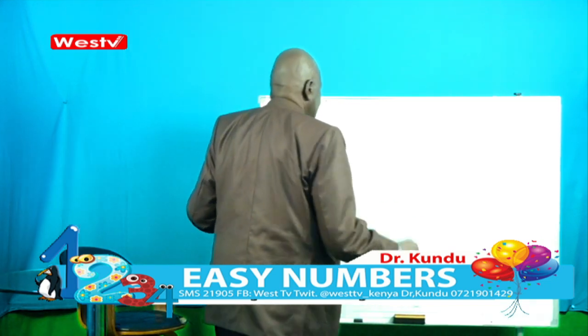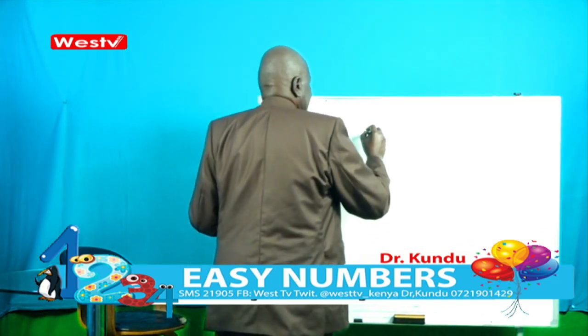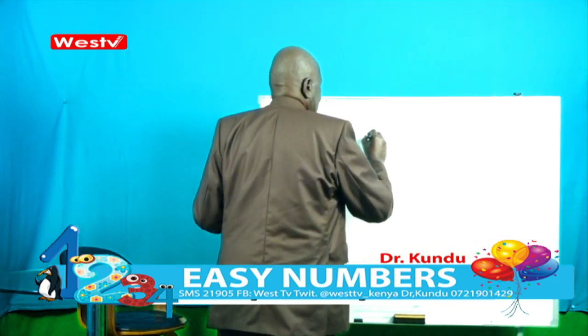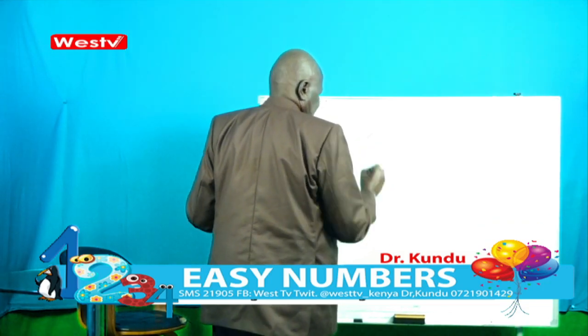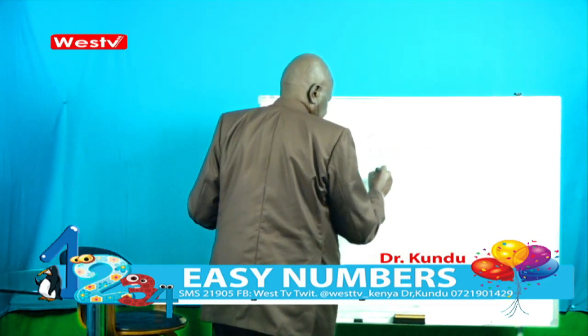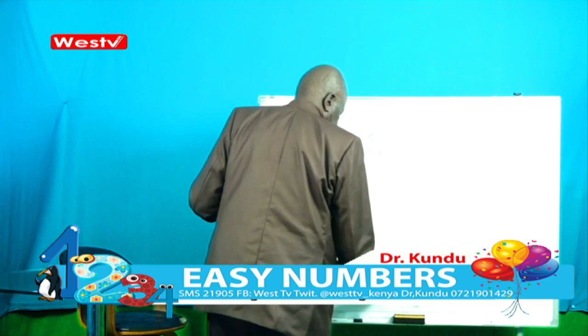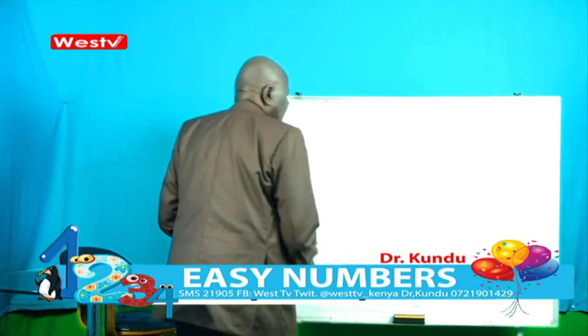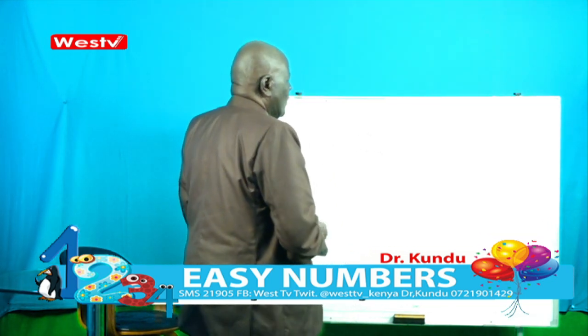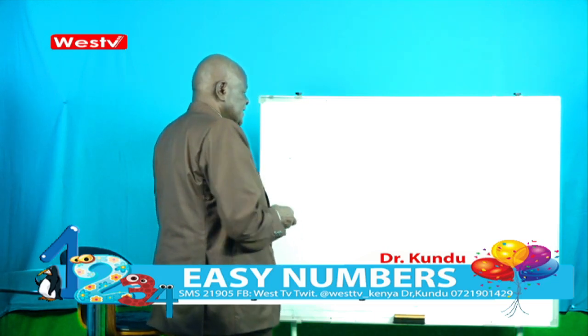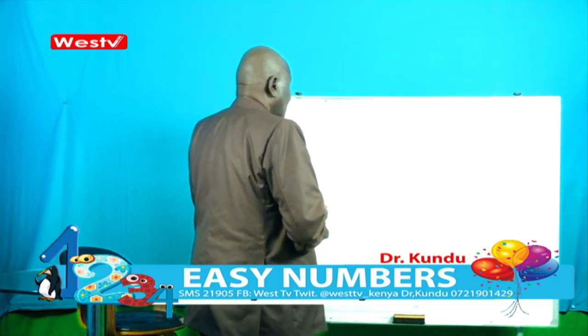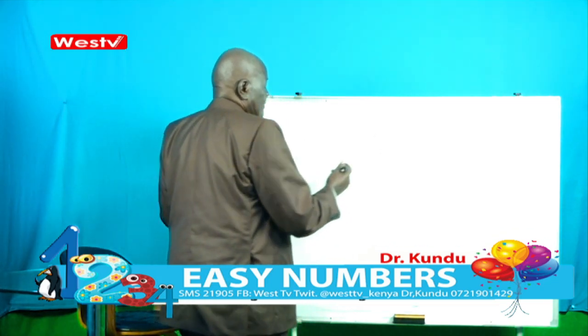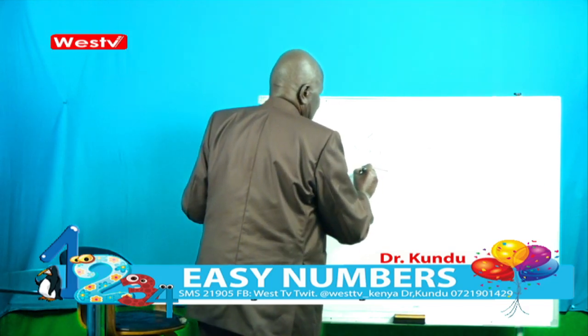So let's look at this one. Say we have 31 times 41. Step 1, multiply the tens digits. 3 times 4 is 12.